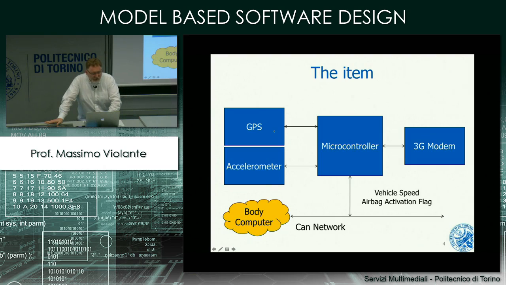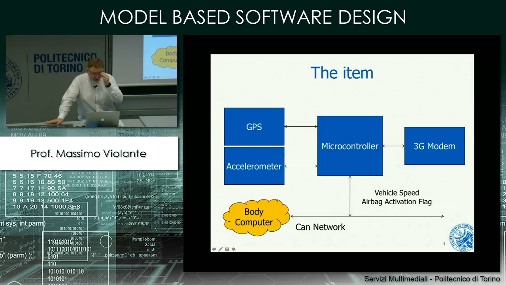Then we have an interface with the vehicle through the vehicle CAN network, through which we assume for today that we receive the vehicle speed and the airbag activation flag. These are provided by another item that is the body computer.